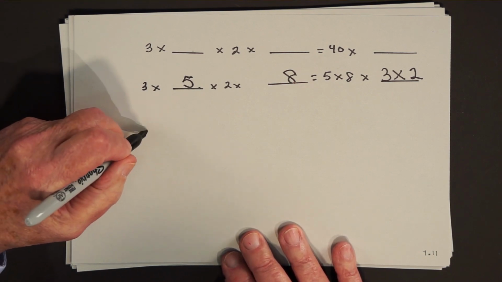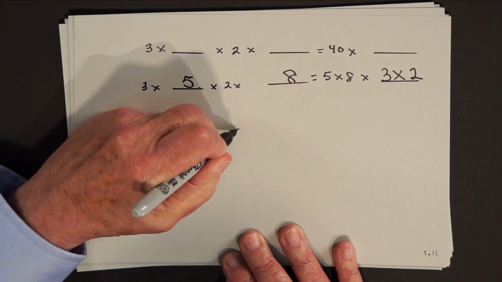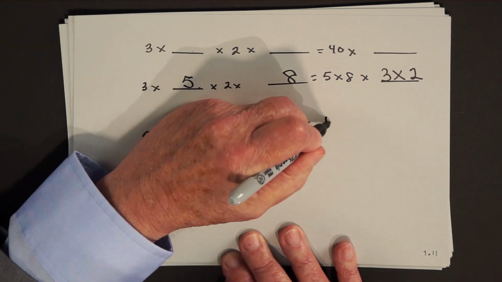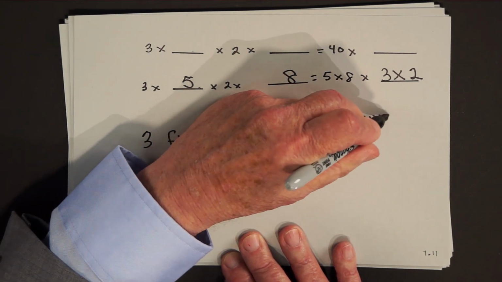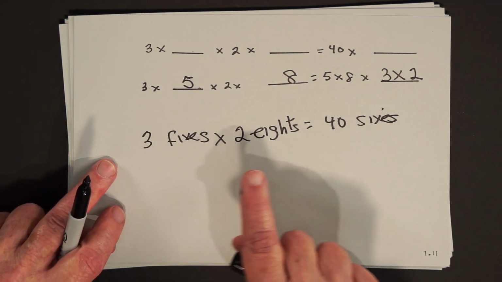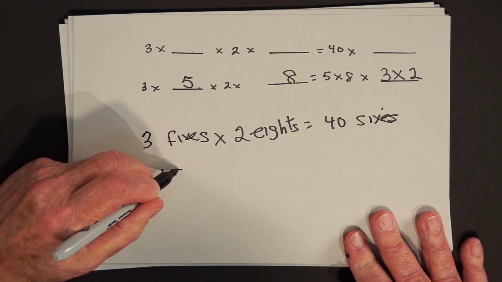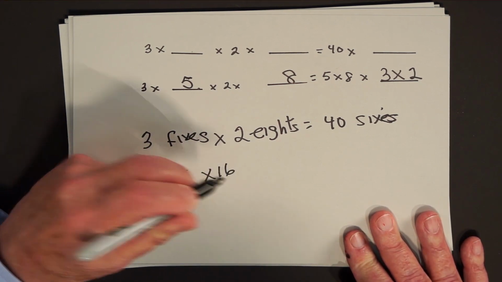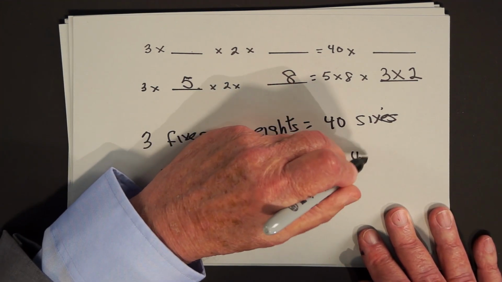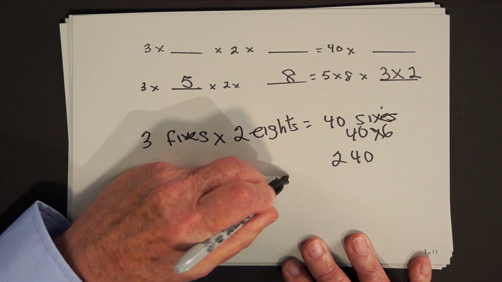So let's see what that would say. It's 3 5s times 2 8s equals 40 6s. And by the way, you could break this down differently. You could put the 8 over here and the 5 over here, whatever. Let's see, 3 5s is 15, 2 8s is 16, and 40 6s is 240. It's 40 times 6. And let's see how this works out.